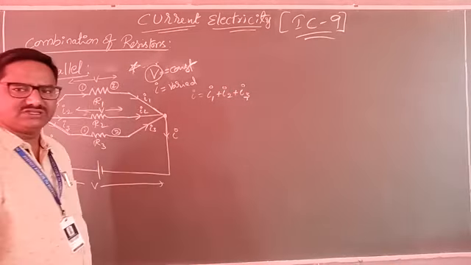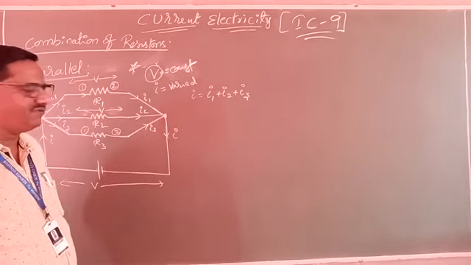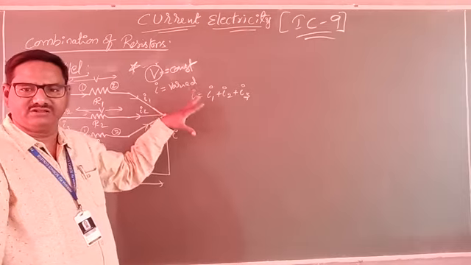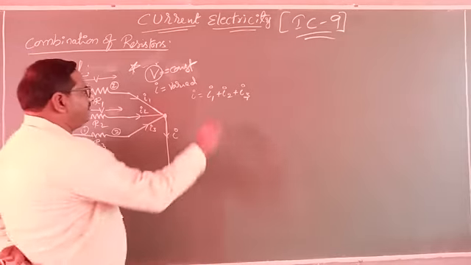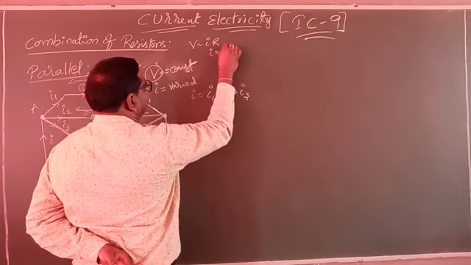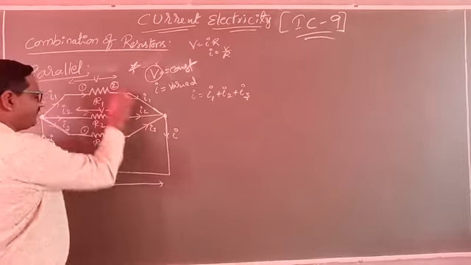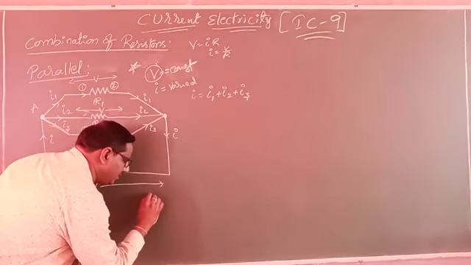Okay, already we know that according to Ohm's law, I am writing direct steps because it is an objective synopsis we are teaching now, so I am writing a little bit fast here. V equals IR. From that, I equals V by R. Yes or no? Now all these resistors will be treated as one circuit like this.